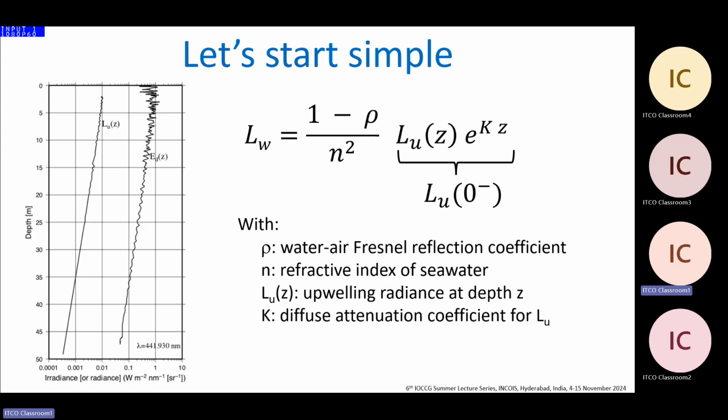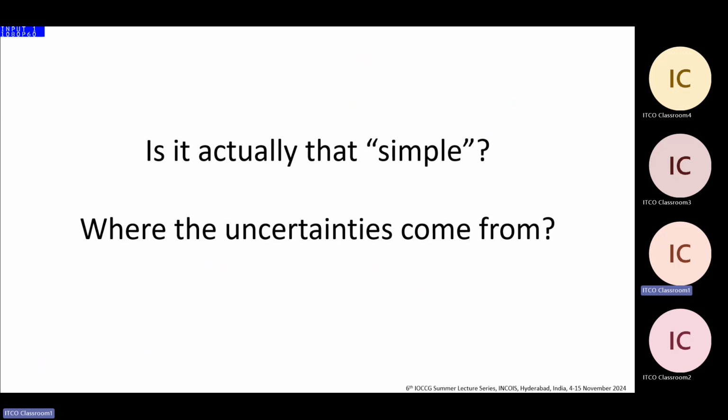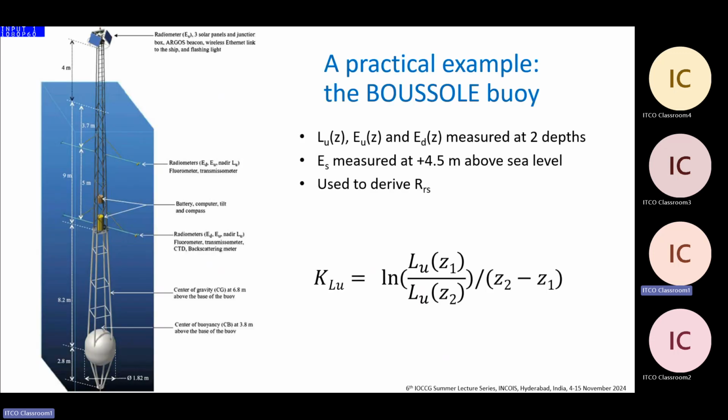So it's kind of a simple equation to go from LU of z, the profile of the radiance, to the LW. Well, is it actually that simple? So we're going to have a look at these relatively short equations and where the uncertainties come from in this.